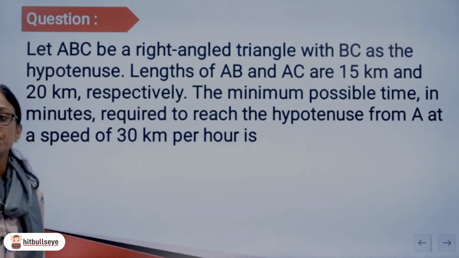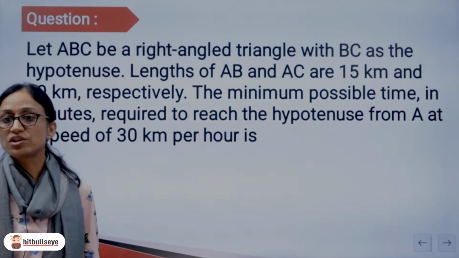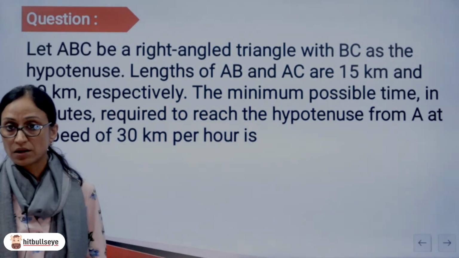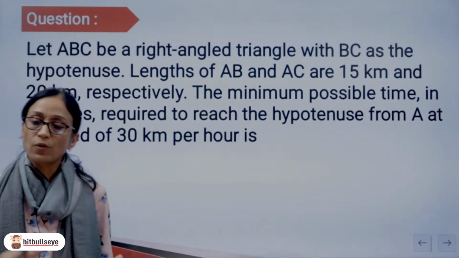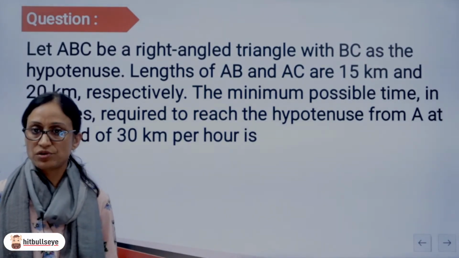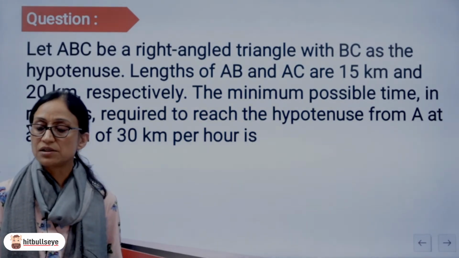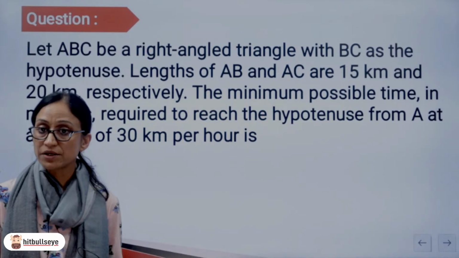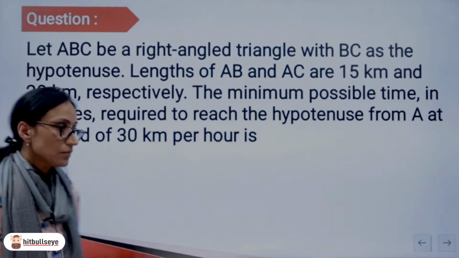What is the minimum possible time, in minutes, required to reach the hypotenuse from point A? You are told that the speed is 30 kilometers per hour. This question is based on two basic concepts: right-angled triangles with Pythagorean triplets, and time, speed, distance.